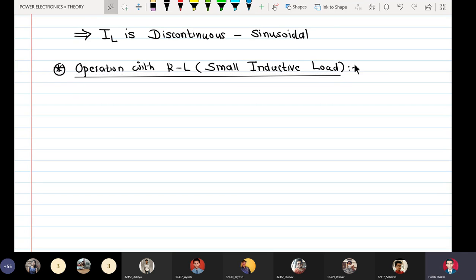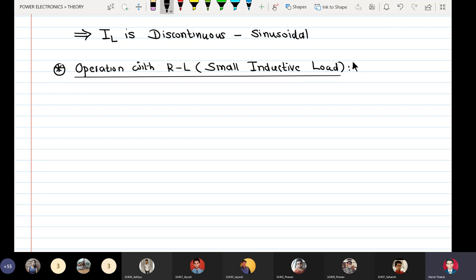So students, though we will tell that there is only a small difference between the operation of FCB with small inductive load and HCB with small inductive load, in the sense that there is internal freewheeling action in a semi-converter or half control bridge, but there is no such inbuilt or inherent freewheeling here. That means what did not happen in HCB is going to happen in FCB.